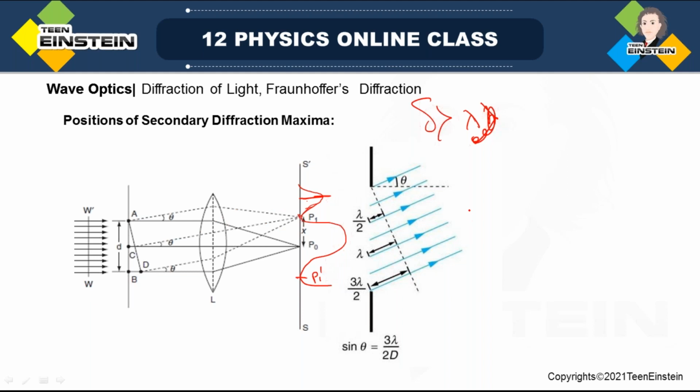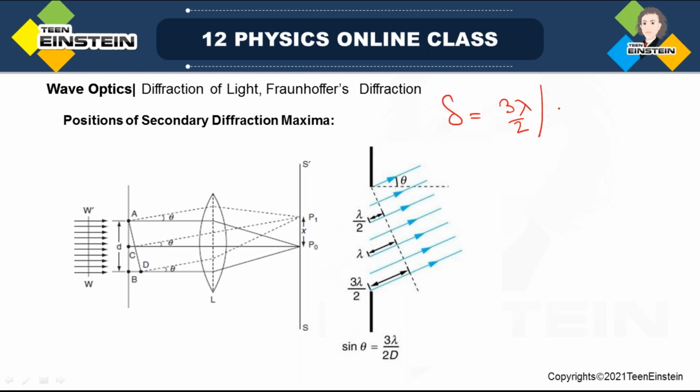But for the time being, let us say the secondary maxima occurs when the path difference a sin theta becomes 3 lambda by 2.